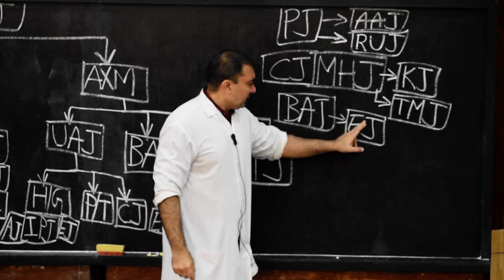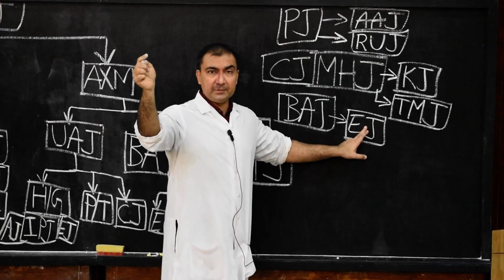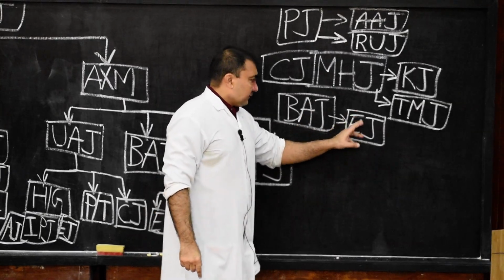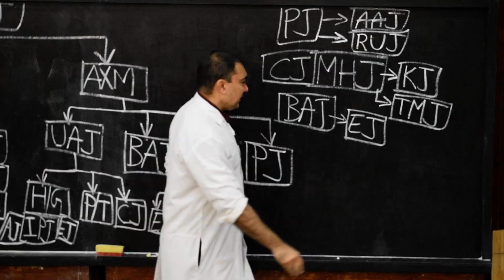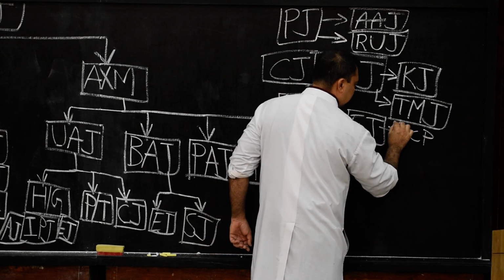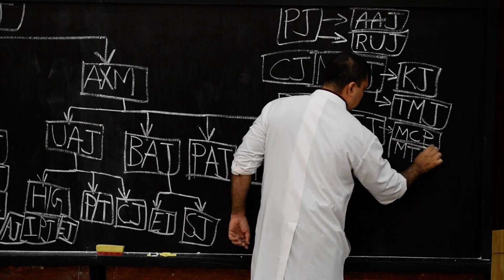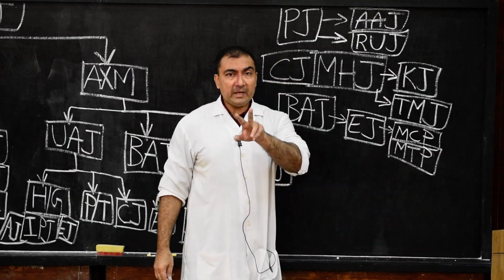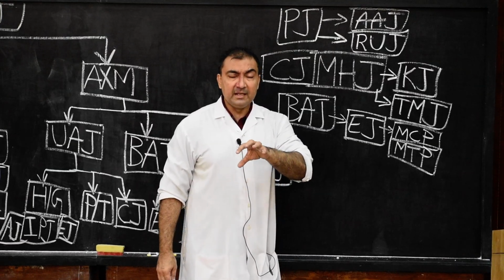Examples of ellipsoid joints, where there is possibility of flexion, extension, abduction, adduction, are metacarpophalangeal joints and metatarsophalangeal joints. Please note them down, where there will be two axes of movements: on transverse axis, flexion, extension, and on anterior posterior axis, abduction and adduction.